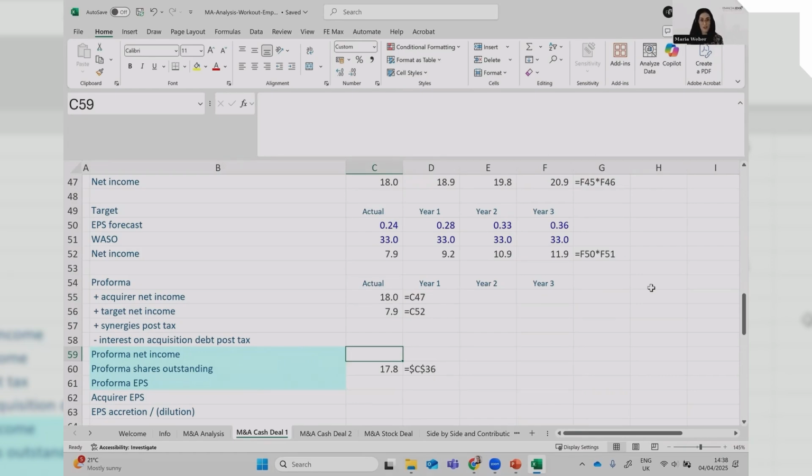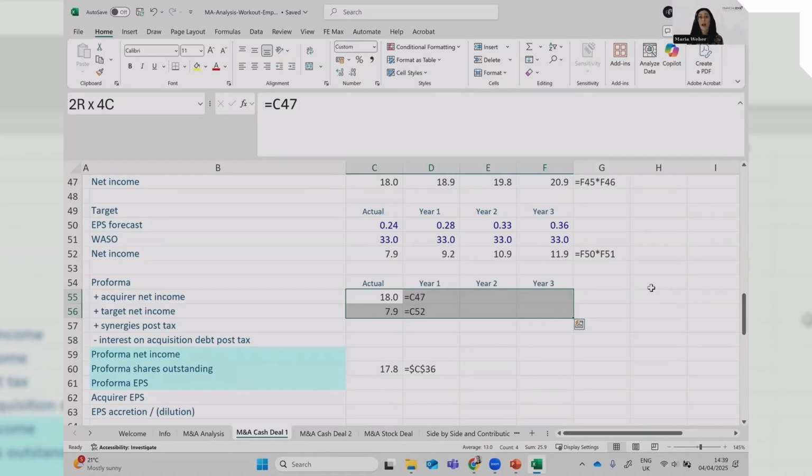But what I also have to consider is, what about the deal effects? These earnings forecasts that I've got here are for the two companies if they carry on operating separately. Now I've got to think about, if I bring the two companies together, what's going to change? There's hopefully going to be synergies, right?